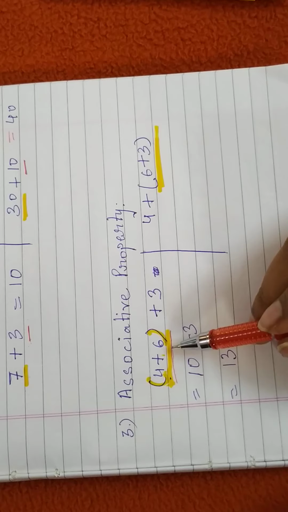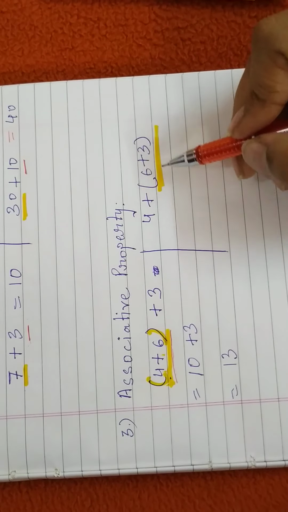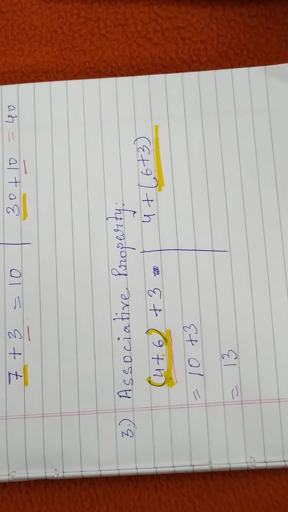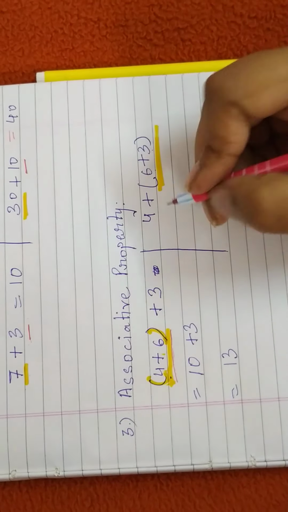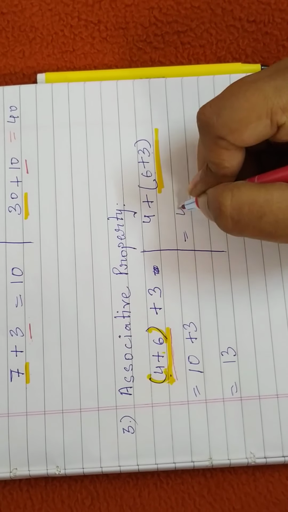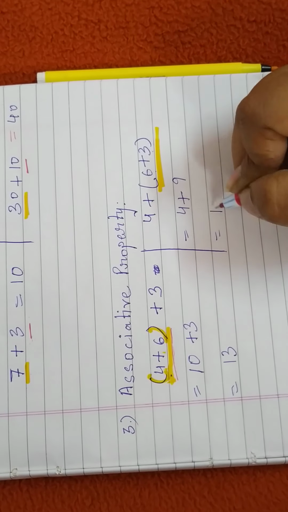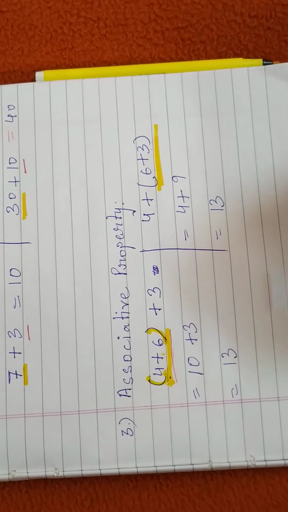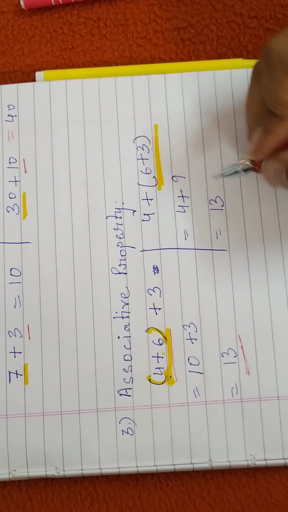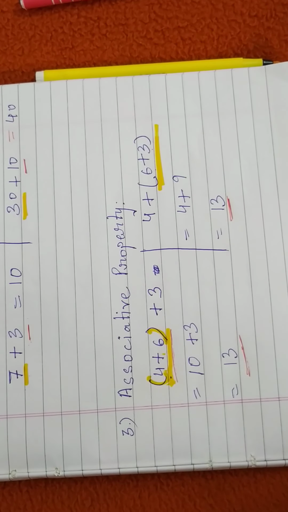Earlier 4 and 6 were in a group. Now 6 and 3 are in a group. Okay, now add this. 4 plus 9 is equal to what? 13. So you can see 13 and 13 are the same. So now I believe associative property is clear to you.